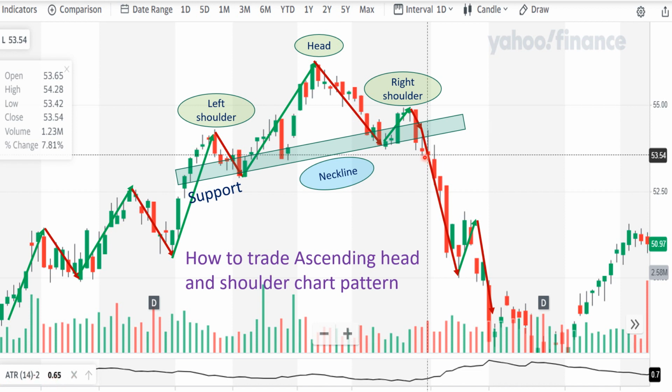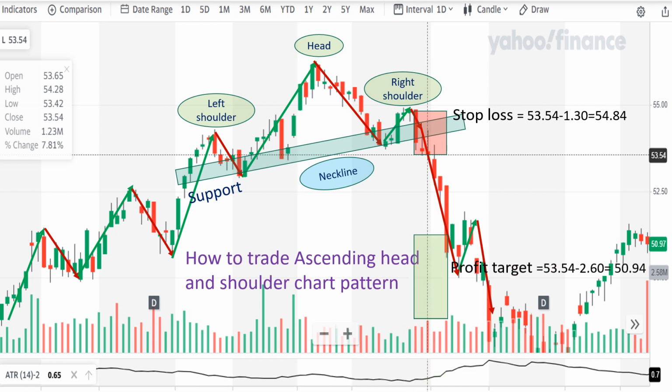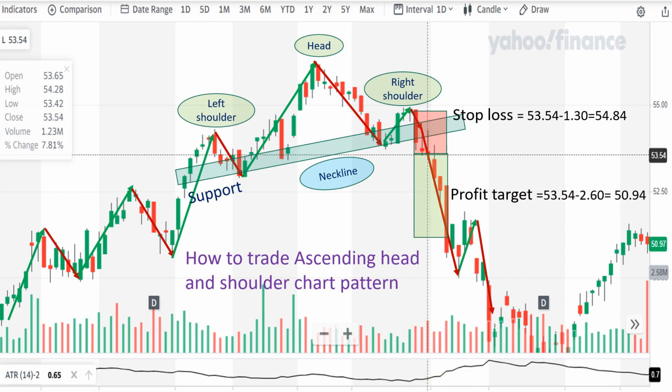Put 2 ATR above the close price of the shooting star for the stop loss, and 4 ATR below the close price of this shooting star as a profit target. So the stop loss is going to be like this, and this is going to be the profit target. This is basically how you trade the ascending head and shoulder chart pattern.